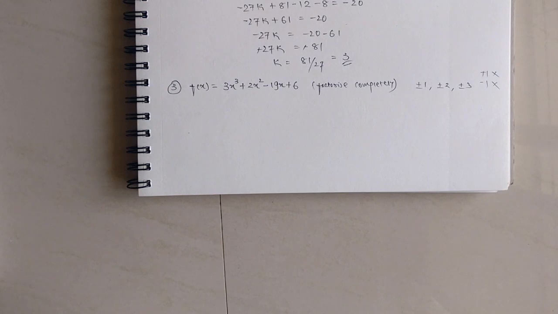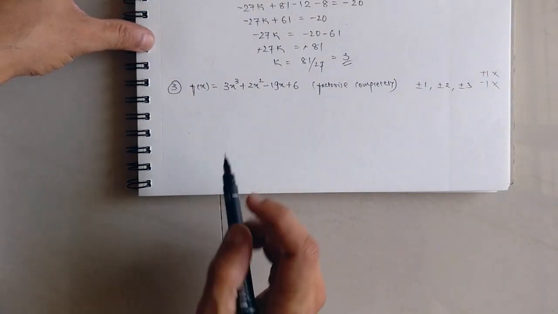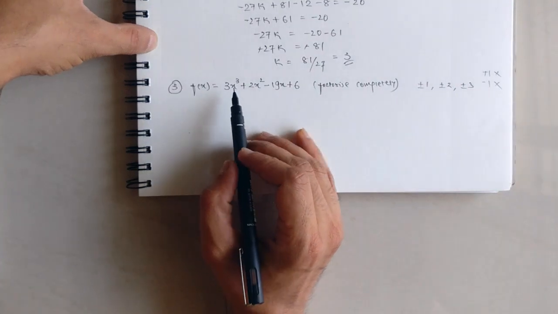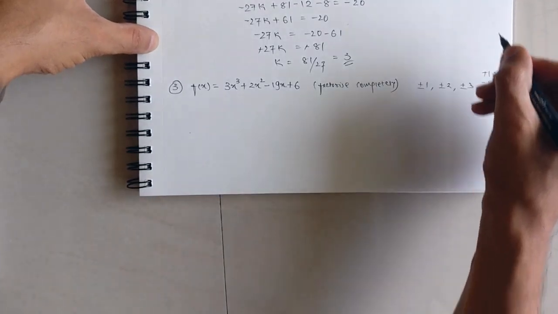Let us put plus 2 in the equation. Plus 2 will give over here 3 into 2 cube. 2 cube is 8, 8 3s are 24. So I've got 24.